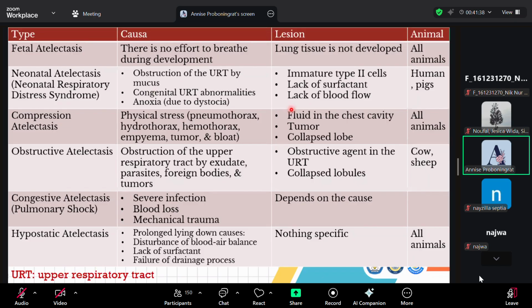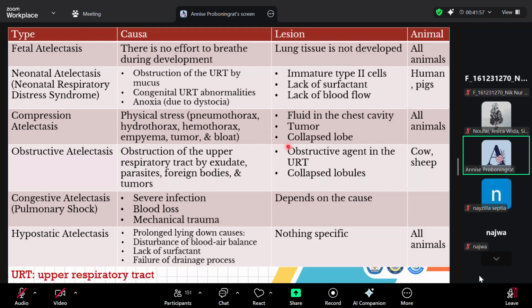And then the compression atelectasis can be caused by physical stress from pneumothorax, hydrothorax, hemothorax, empyema, tumor, and blood.